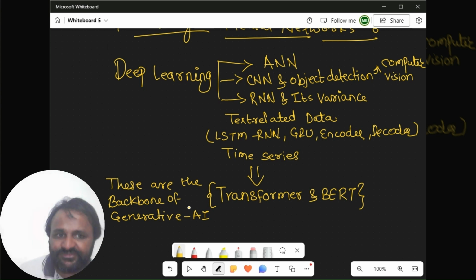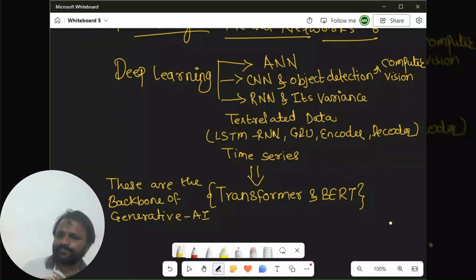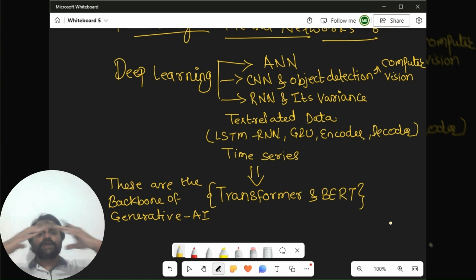Now let's talk specifically about two types of models from deep learning. ANN, CNN and these are the backbones of your generative AI. Deep learning models are divided into two parts.